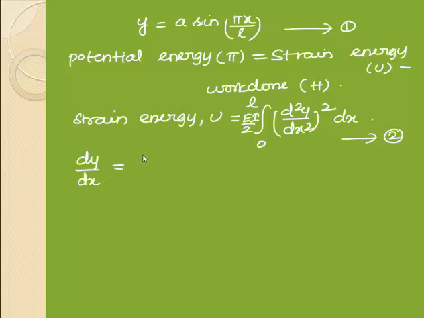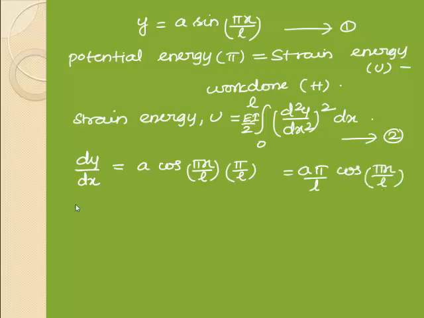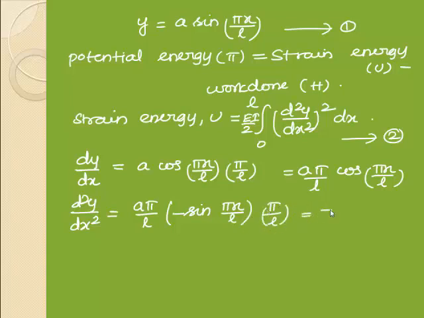Differentiation for sine is plus cos, so a cos pi x by L into pi by L. So simply a pi by L cos pi x by L. Then d square y by dx square is a pi by L. For cos, the differentiation is minus sign, so minus sin pi x by L into again pi by L. So simply minus a pi square by L square sin pi x by L.